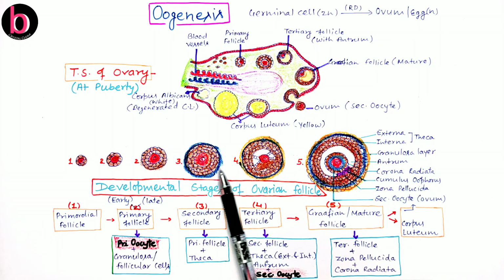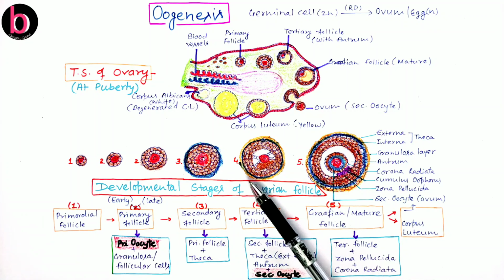Now this secondary follicle is converted into the tertiary follicle. So what is present in the tertiary follicle? The tertiary follicle carries the secondary follicle's theca layers, and this theca layer is now differentiated into externa as well as interna.